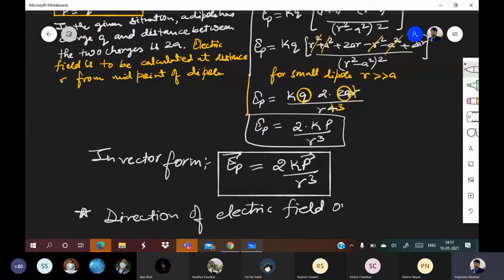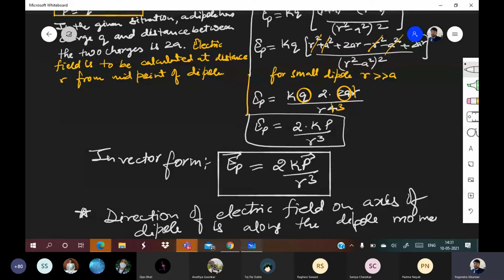Direction of electric field on axis of dipole is along the dipole moment. Along the dipole moment. Remember this in words. All right.